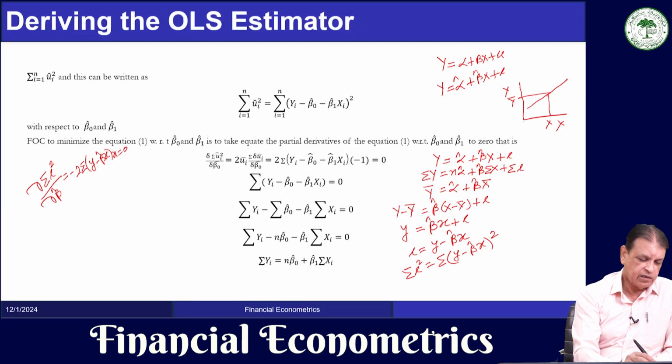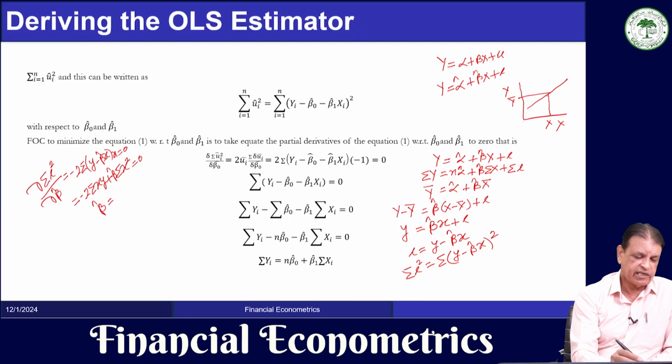If we open this, this will be minus 2 times summation xy, because this x will be multiplied by this, plus beta hat summation x square, and this will be equal to 0. If we remove 2 now, we can directly write what will be beta hat.